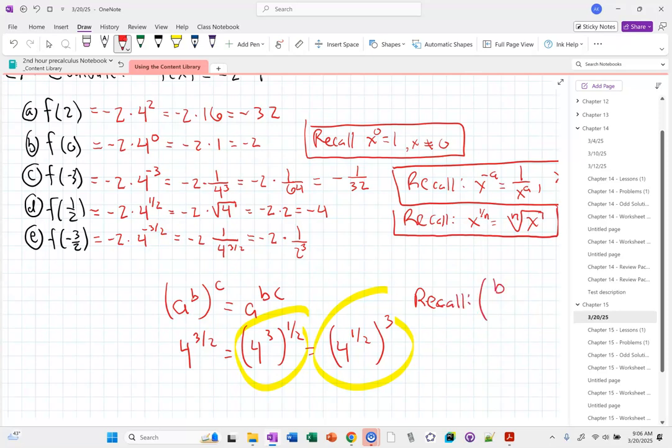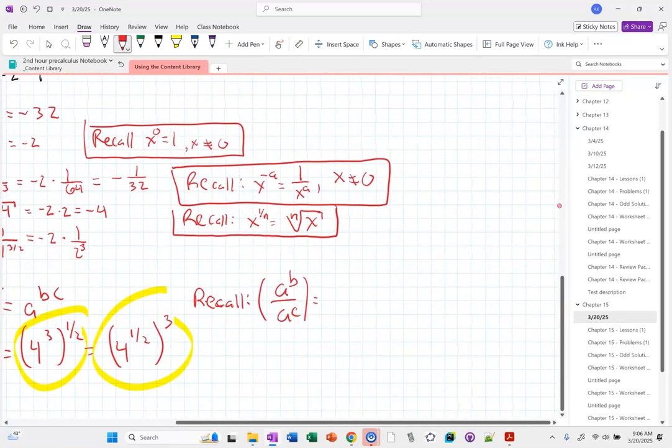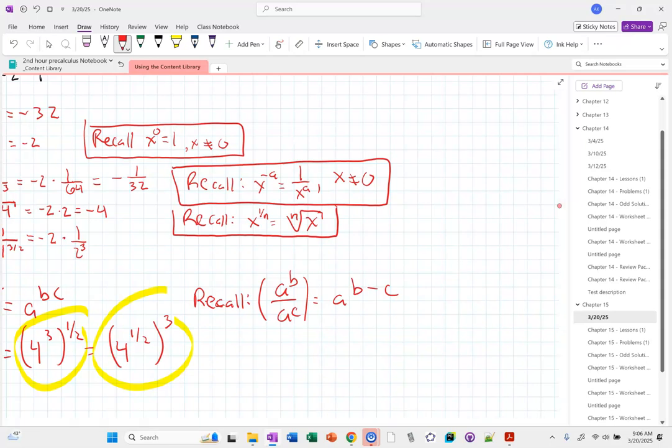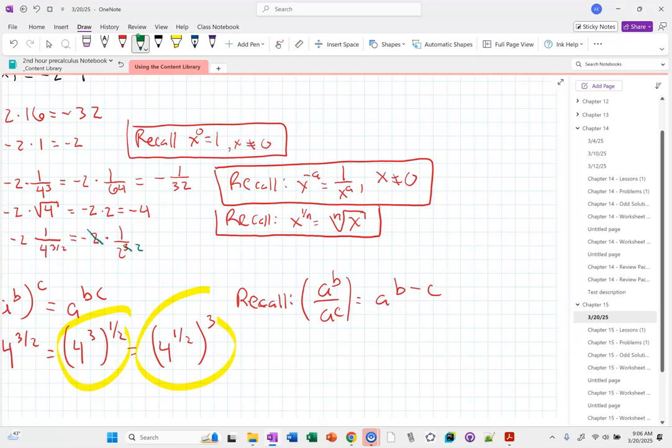And then if you recall that, we can do that, right? Or really what I would just think about it is just that.